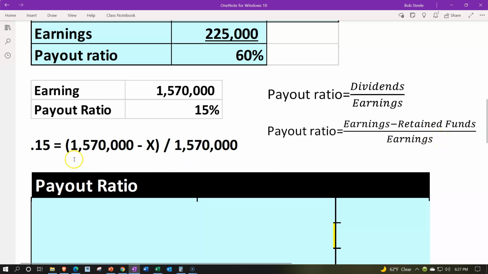And we can plug that into our formula here if we want to use this calculation and then solve for the unknown. So remember, if you have something like the payout ratio memorized, then you might want to use that formula and just plug in and back into the unknown instead of trying to memorize a whole new formula. So there are different ways that you can think about this in your mind.